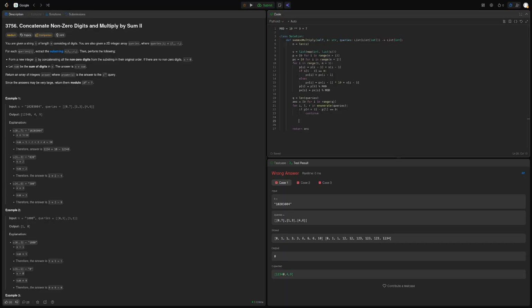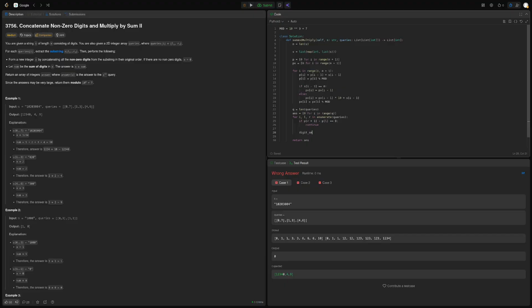Great. Now we are here, and let's add some spacing, because why not? Okay, so what we want to construct is the actual number.